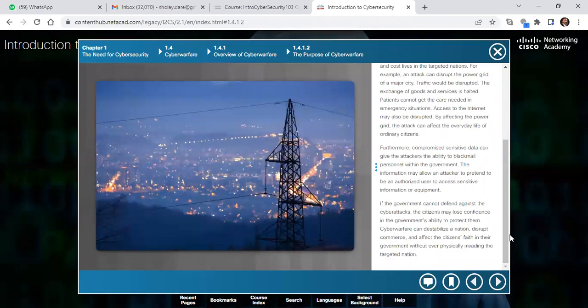If the government cannot defend against cyber attacks, citizens may lose confidence in the government's ability to protect them. So cyber warfare can destabilize a nation, disrupt commerce, and affect citizens' faith in their government without ever physically invading.